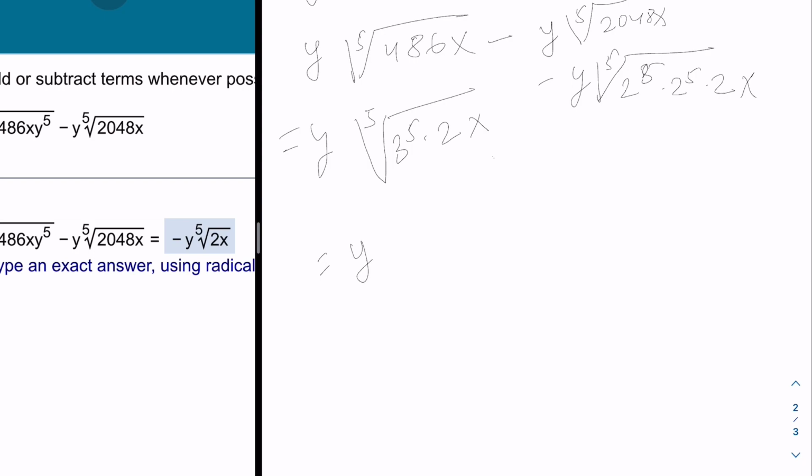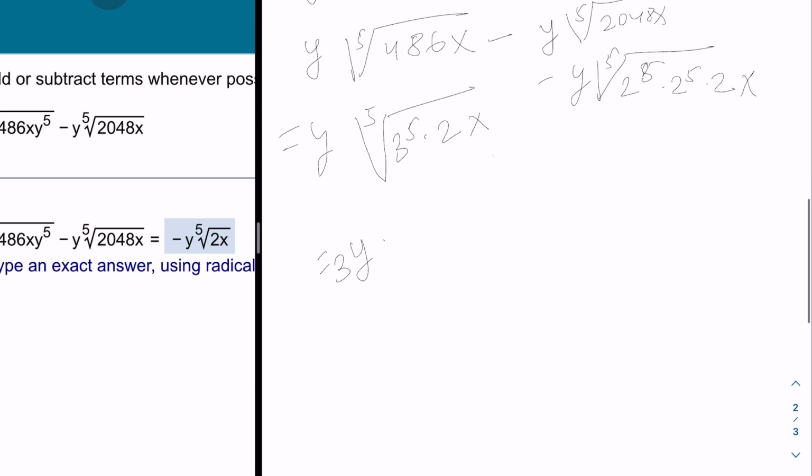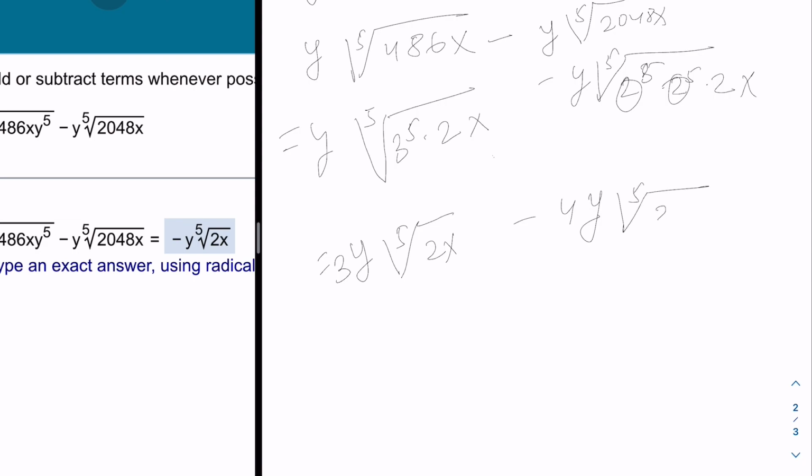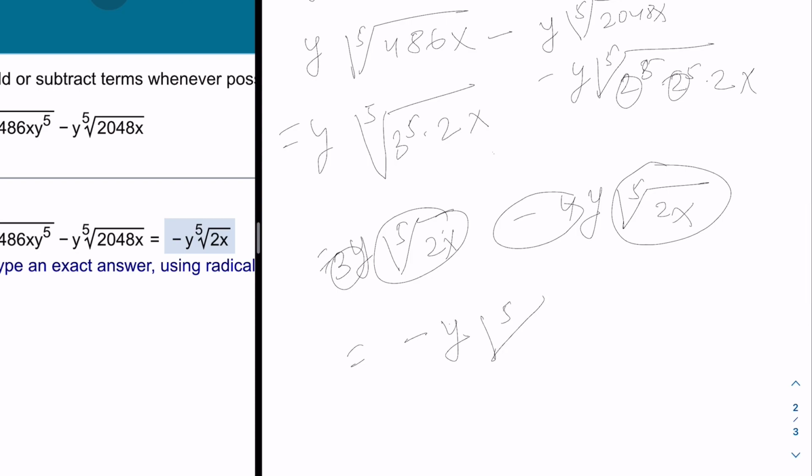So y cubed will come out. We have 2x. Again, this 2 and this 2 will come out. 2 to the 4, so 4y 2x. Now this is a like term, so we can subtract. So minus 4 plus 3 means minus 1. So minus y 2x. This is the answer.